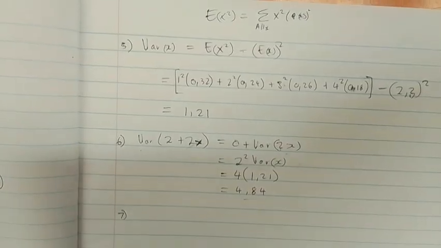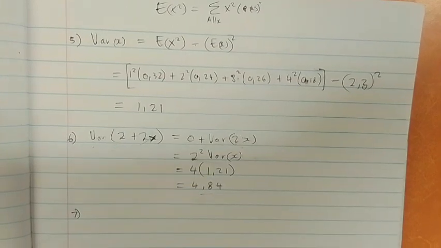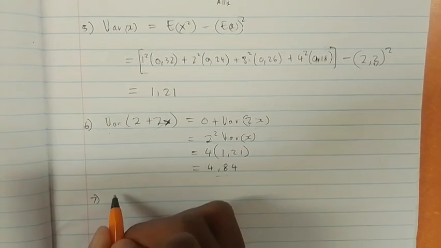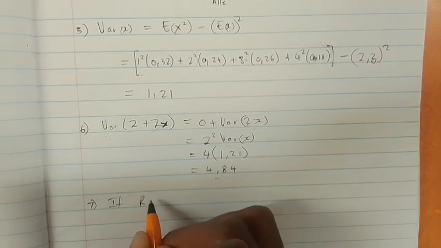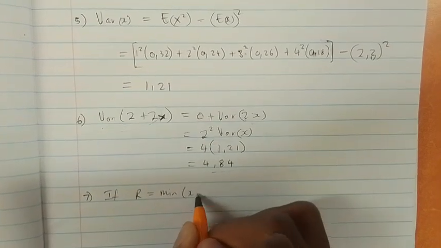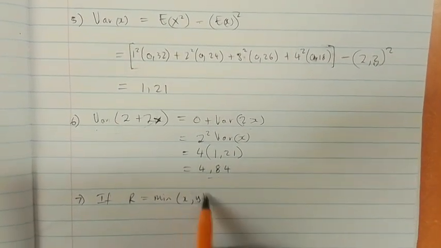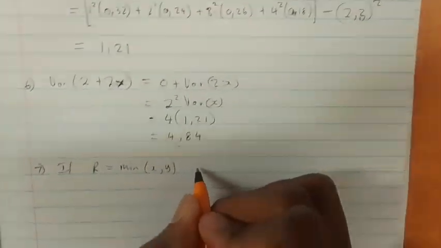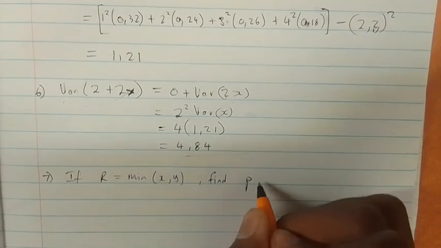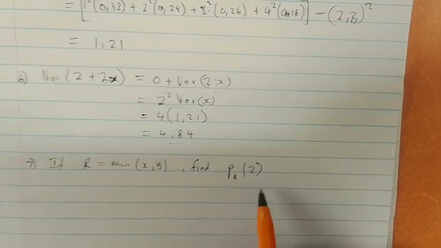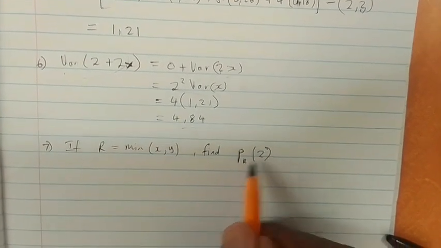And number 7 says, if R is the minimum of x and y of this joint density, meaning the joint density that they give you, find the probability that R is value 2, meaning find the probability that 2 is the minimum.